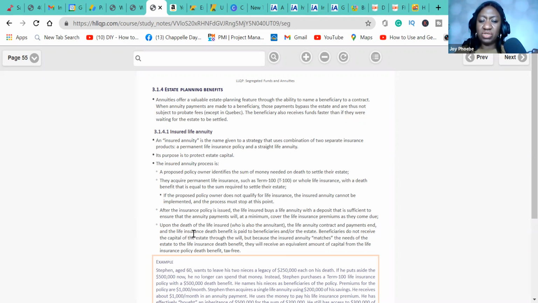Upon the death of the life insured, who is also the annuitant, the life annuity contract payment ends and the life insurance death benefit is paid to the beneficiary.